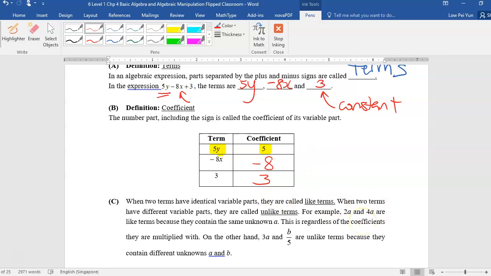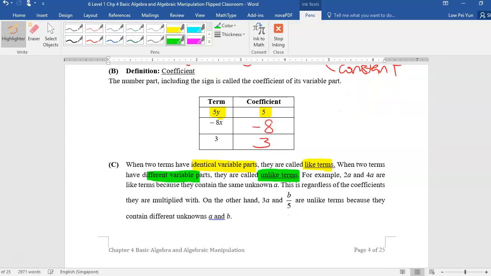When two terms have identical variable parts, they are called like terms. Identical variable parts. When two terms have different variable parts, they are known as unlike terms. So, example 2a and 4a are like terms because they contain the unknown a.